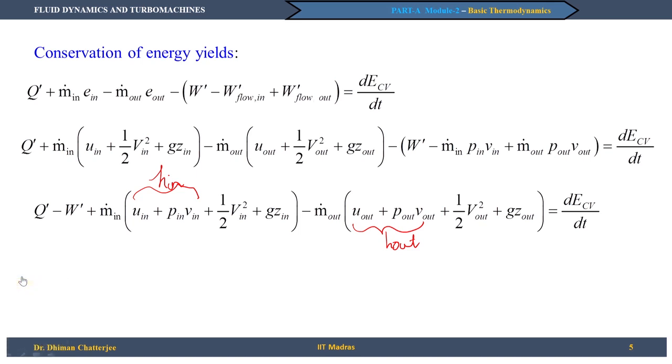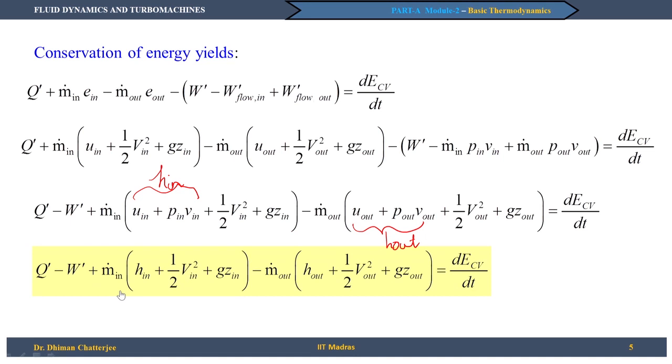So, now if I rewrite it in terms of the enthalpies in place of the internal energy and the flow work, we get the final form which we need: Q prime minus W prime plus m dot in (H in plus half V in square plus Gz in) minus m dot out (H out plus half V out square plus Gz out) is equal to dECV dt.